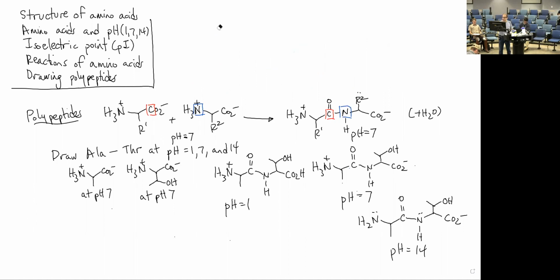In the class notes, we did much the same thing, but we drew serine glutamine. So let me draw that at pH 1. Not glutamine, glutamic acid, sorry.